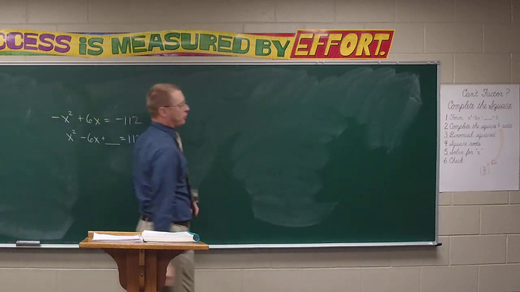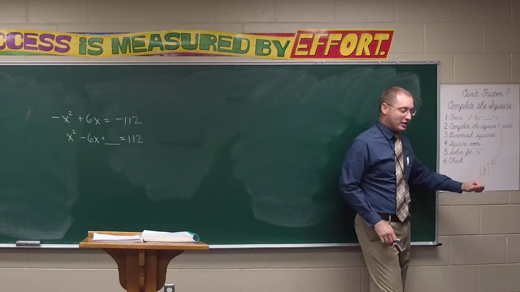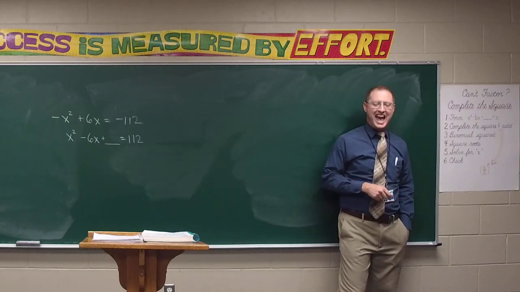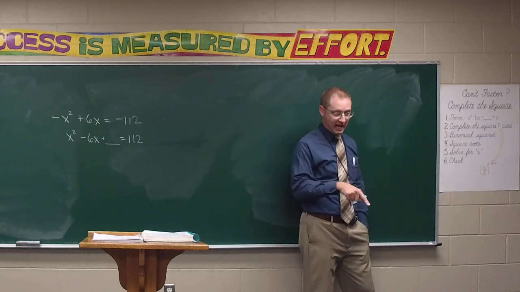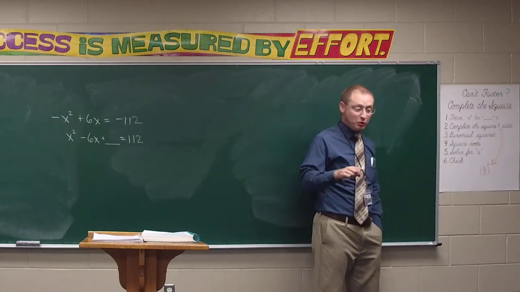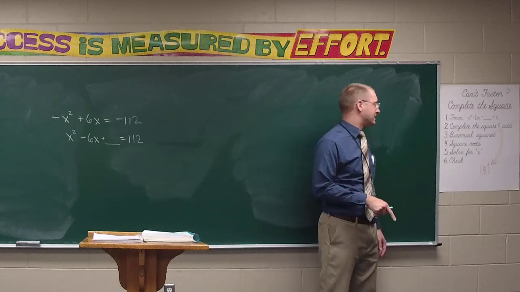There's a little formula for you to complete the square. It's right here. Step number 2, complete the square and add to both sides. Go and write that down first. Complete the square and add to both sides. Now that's not on the poster because I ran out of room and I'm too lazy, but I'm going to make you write it.